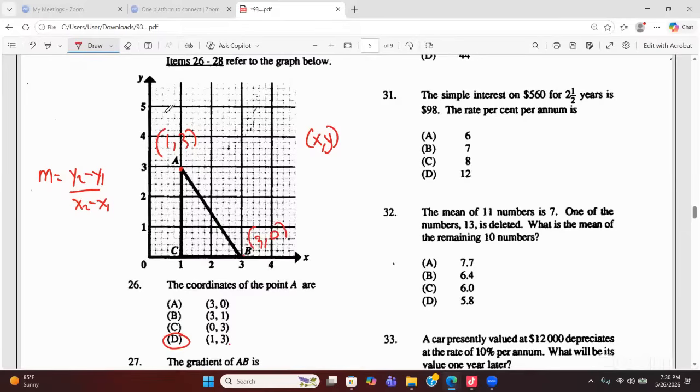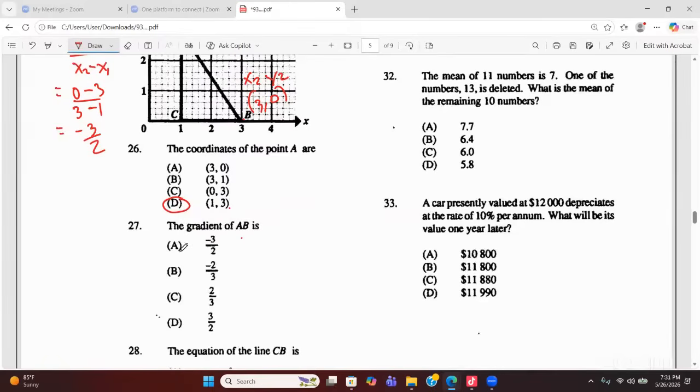You can label them whichever way, x1, y1, x2, y2. So y2 is 0 minus 3, over x2, 3 minus 1. So you're looking for negative 3 over 2. Negative 3 over 2 is what you're looking for, and it's right here. It's definitely here.